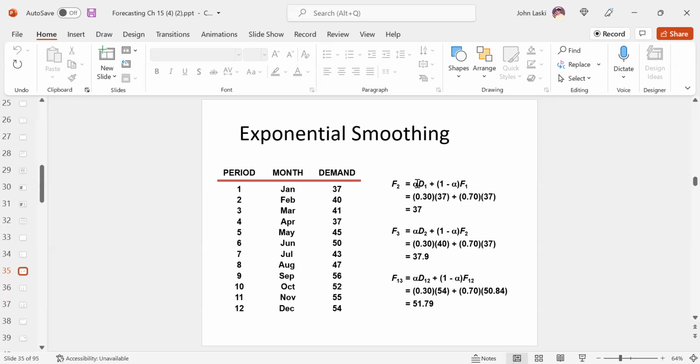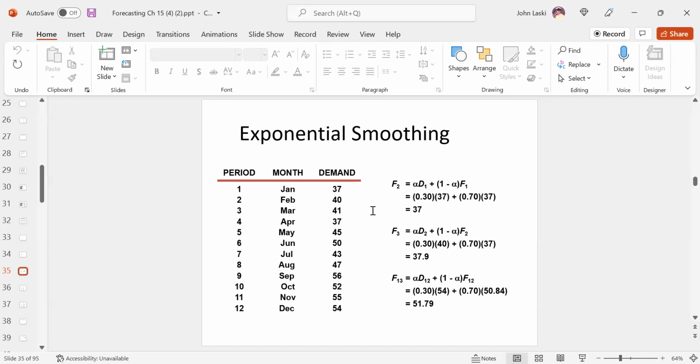I'm underweighting the demand, arguably overweighting the forecast. Okay. The demand number is 37. And since I don't have previous data, I'm using the demand number for the forecast number as well. So again, in the words of Robert De Niro, do the math. 30% times 37 plus 70% times 37 equals, you guessed it, 37.